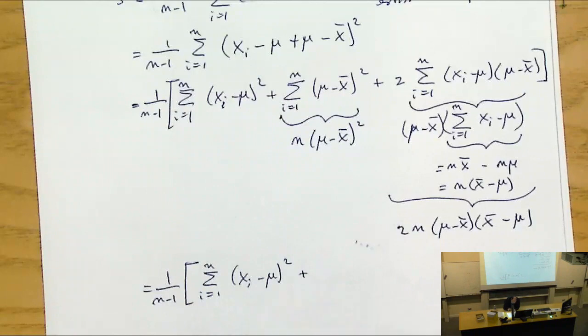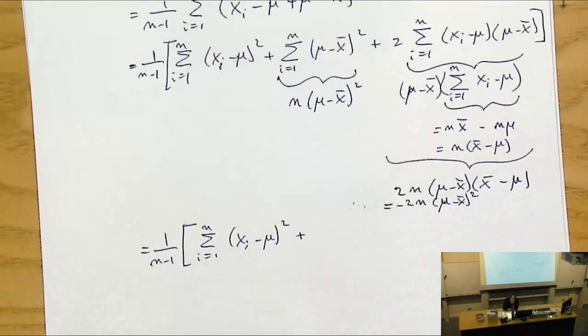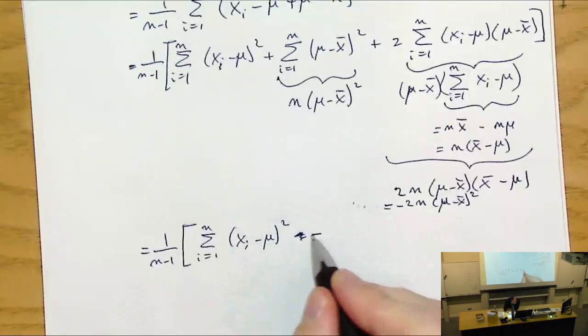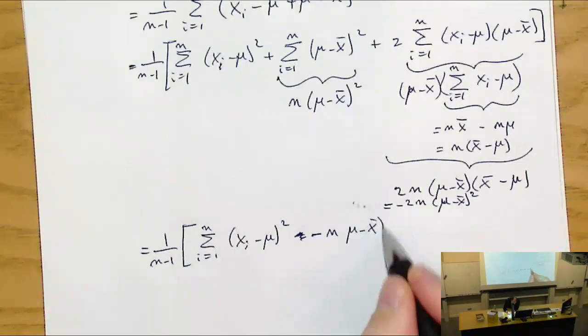And now I can write this as minus 2n mu minus x bar square. So here I have minus n mu minus x bar squared.